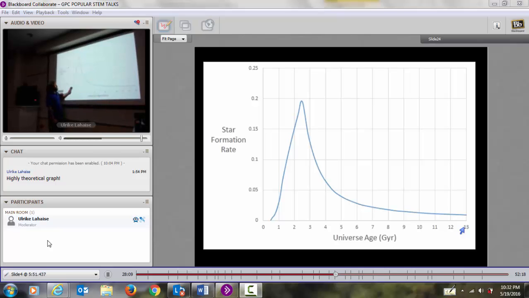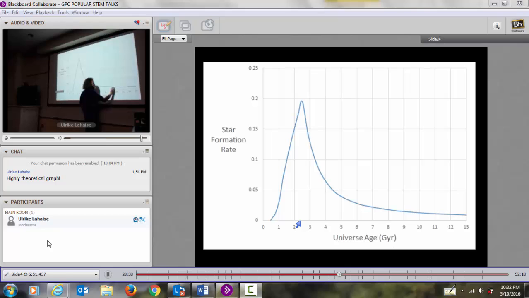So the star formation picked up, peaked out at 2.5 billion years, and has been decreasing like this. This is based on numerous studies of looking at galaxies at further and further distances away, and looking at studies of star formation over the history of the universe, over this range of large look-back times. The sun formed about right in here.